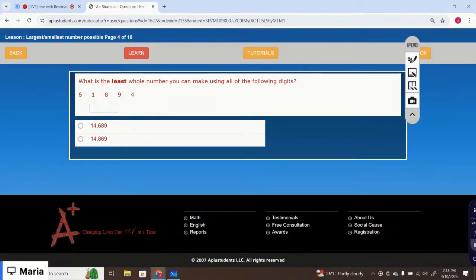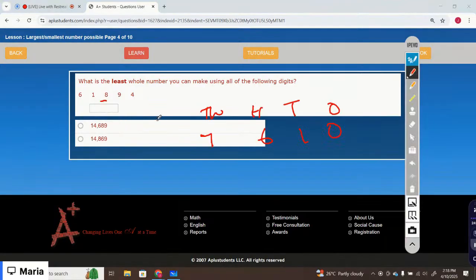What is the least whole number you can make using all of the following digits? So the least whole number, you need to write down the least number at the highest place value, right?